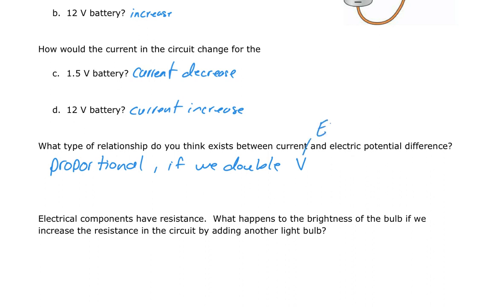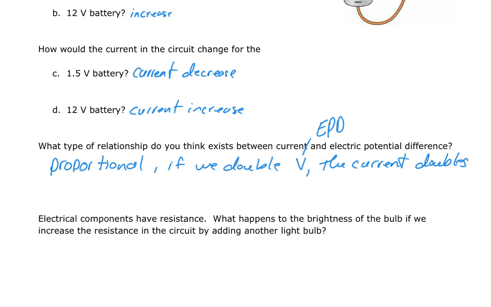We've been using electric potential difference, EPD, but we can use V as well. So if we double the electric potential difference, the current doubles as well.